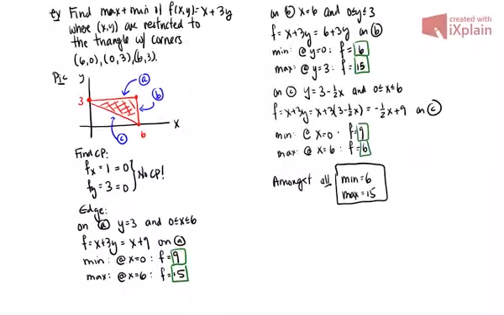So let me do just one more that's a combination, a little more confusing than these two. For a third example, this will actually be fairly challenging, but I think it's an interesting one anyway. So let's find the max and the min of f(x,y) equals x plus y squared, with x squared plus y squared less than or equal to 4, but x greater than or equal to 0 and y greater than or equal to 0.